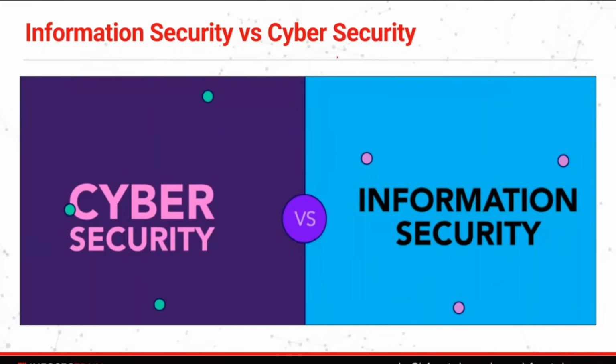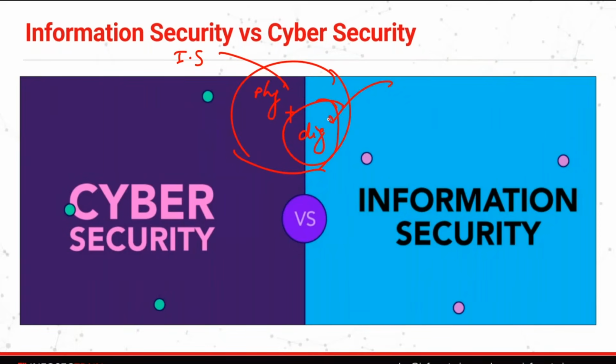So I can write here, this is a superset, that is your information security, protecting physical and digital data. Now, cyber security is a subset. This is your cyber security.